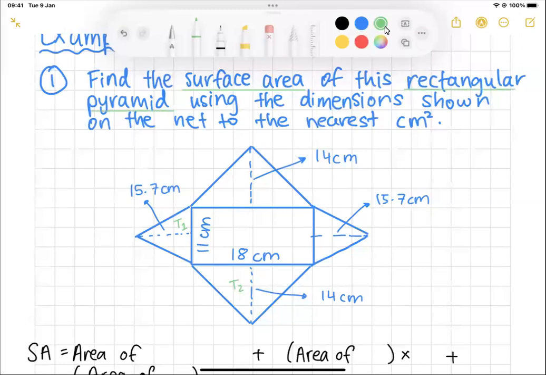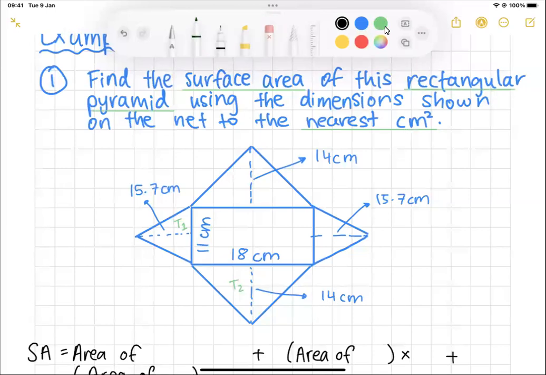Rectangular is a keyword because it tells us what the base of the pyramid would be, which is a rectangle, as well as at the very end, I want it to be calculated to the nearest centimeter squared. Centimeter squared would mean that you're rounding it to the nearest whole number. Okay, that's how I would like you to remember nearest centimeter squared.